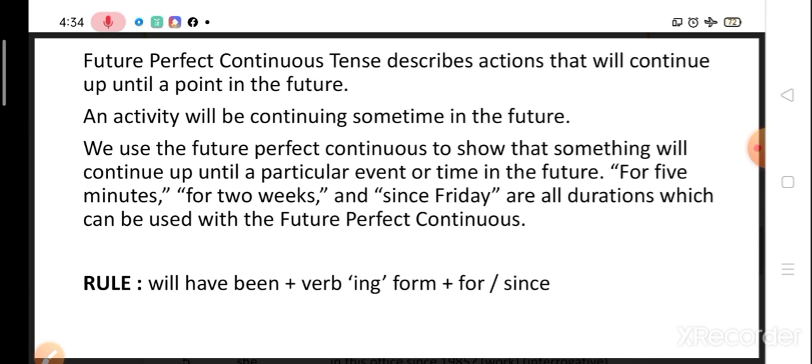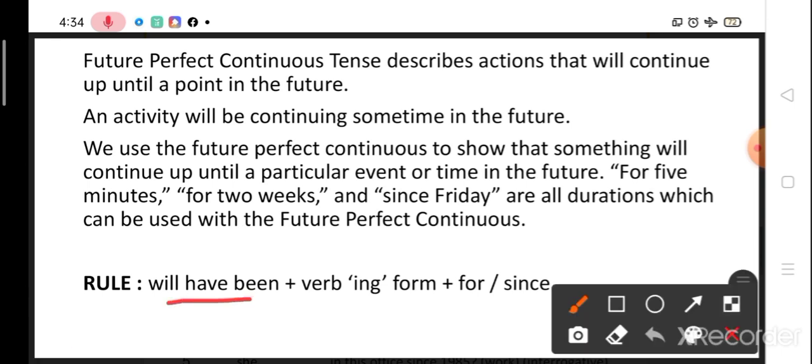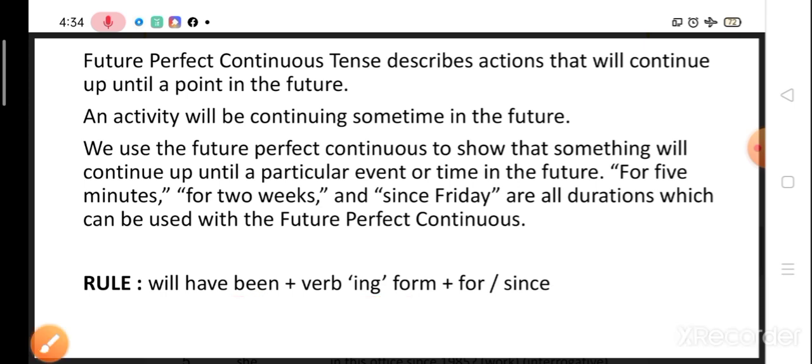The rule here is will have been plus ing form of the verb. Will have been dancing, will have been looking, will have been raining, will have been eating, that types. Okay, let us see a few examples.